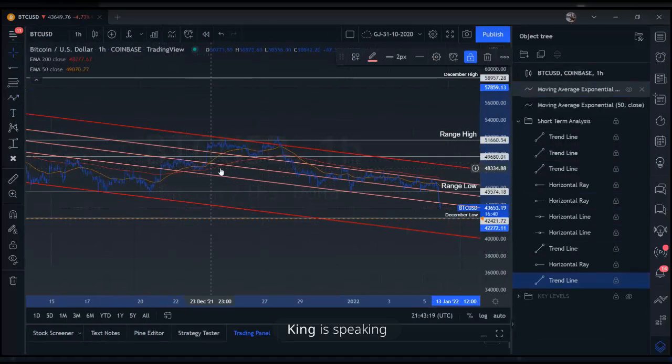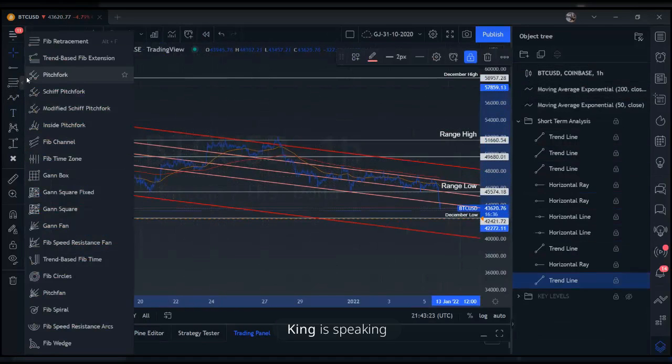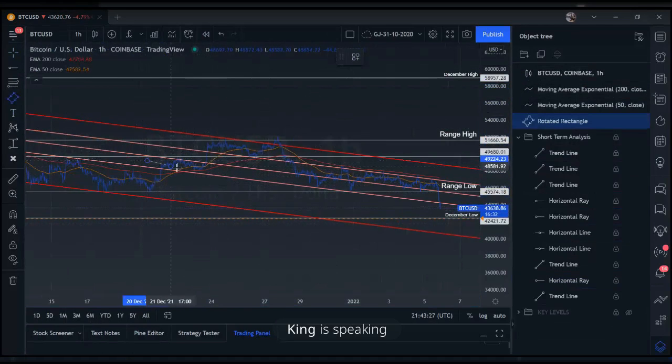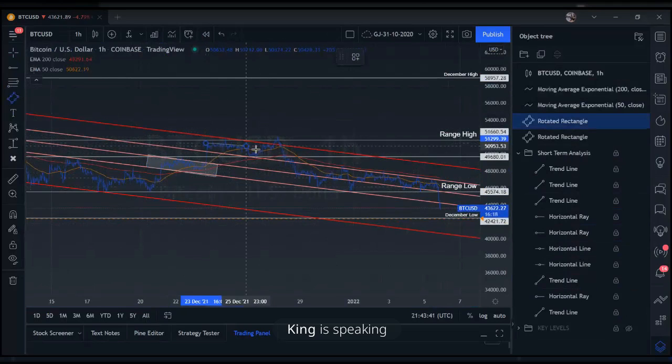Consolidation in there around the 50 EMA could possibly have been a buy signal for price to get back to the range high there. You have consolidation up here. Once it gets back to that high, it's consolidating a little bit before, but just ranging in between these two levels here.